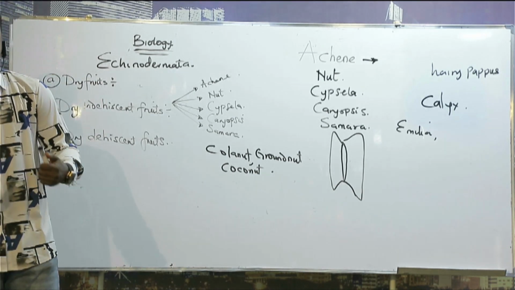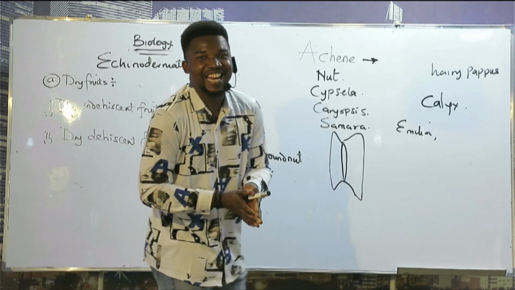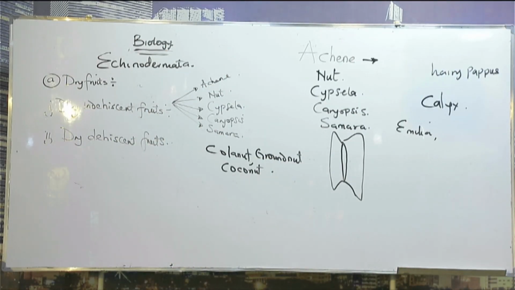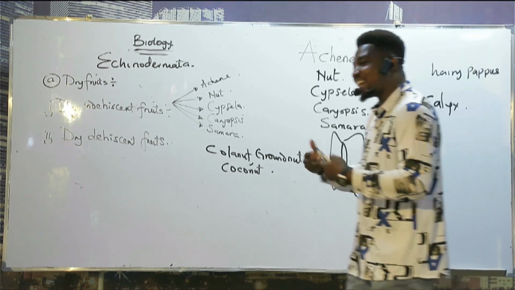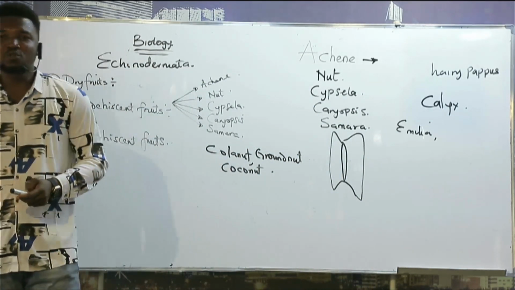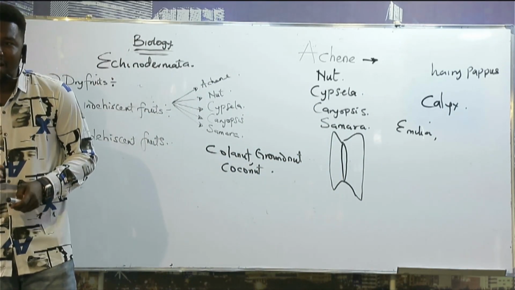And if they want to make it easy, they will go under reproduction, genetics, variation.